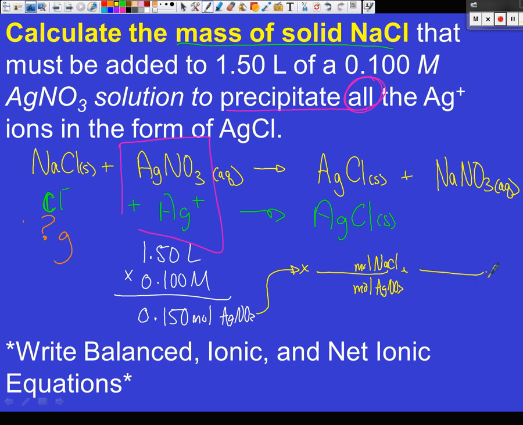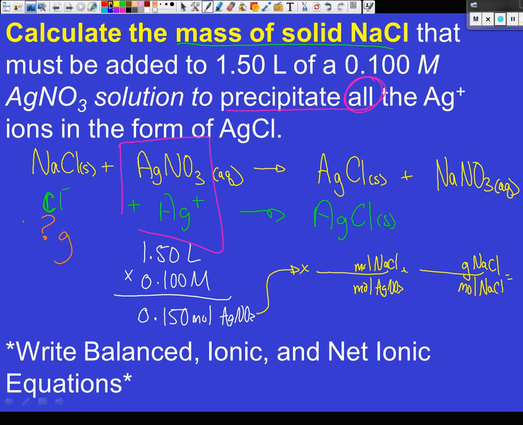And then what's after mole to mole? Okay, so that's what it would look like. The 0.15 moles of silver nitrate, then we go mole to mole from silver nitrate to sodium chloride, and then moles of sodium chloride to grams of sodium chloride.